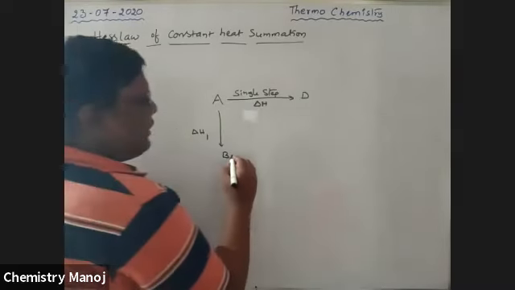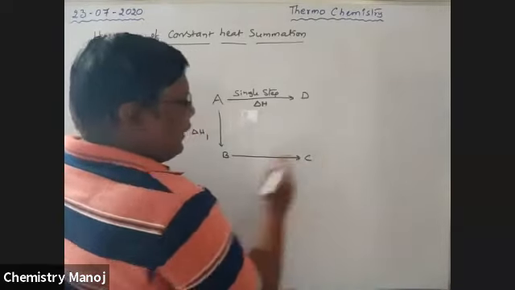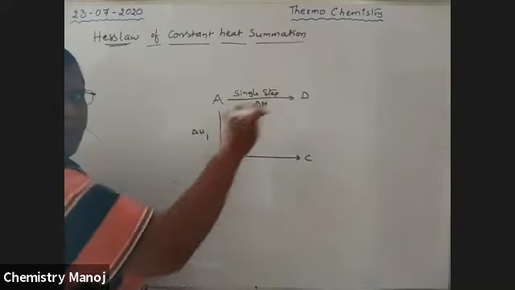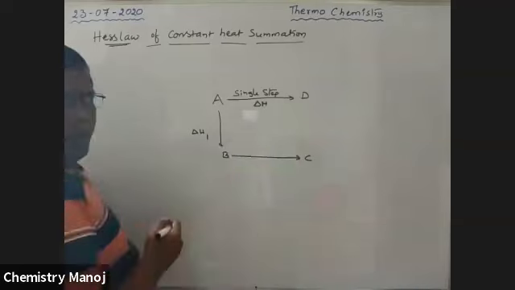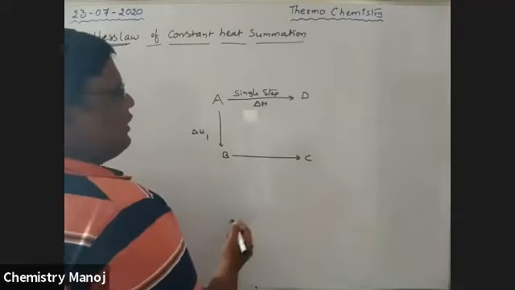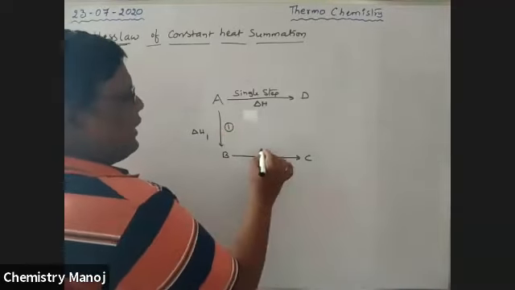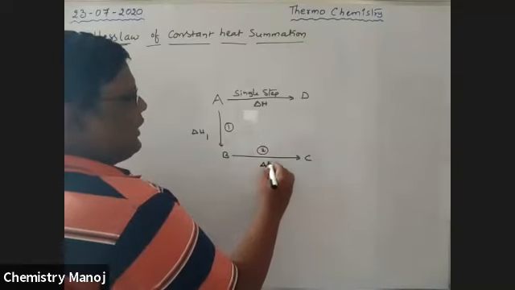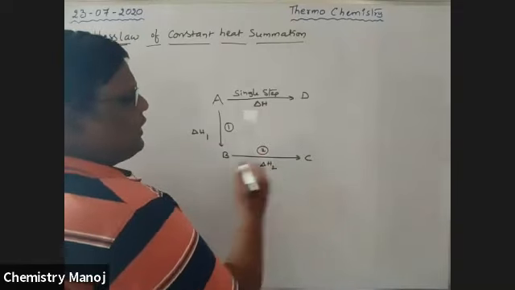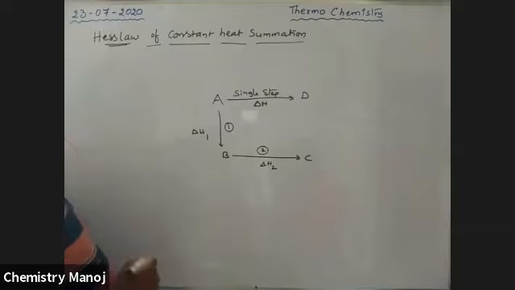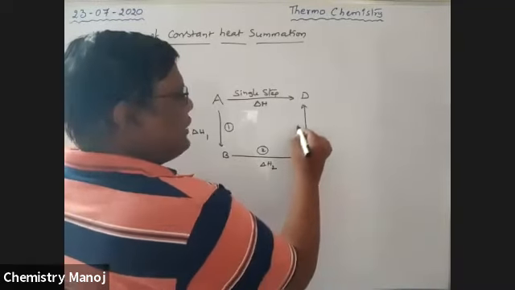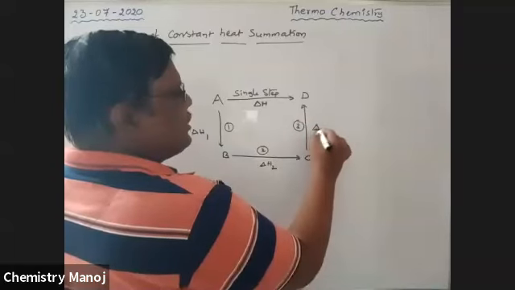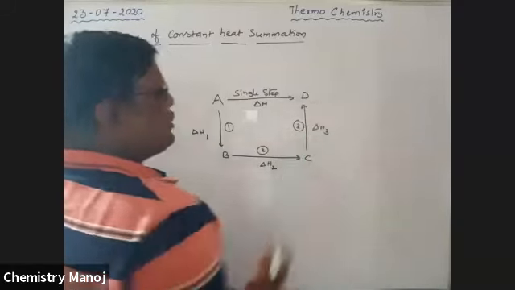Then B changes to C. It is one more reaction, but our final product should be D. B and C are intermediates. This is the second step. Here the heat change is delta H2. Next, C changes to D. So it is the third step. Here the change in enthalpy is delta H3.